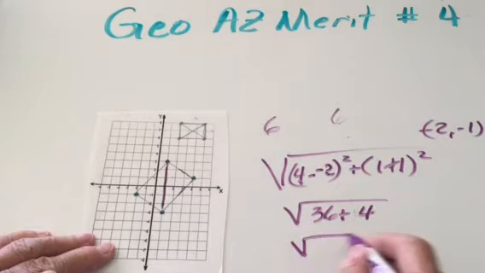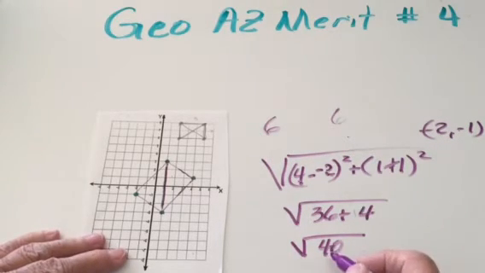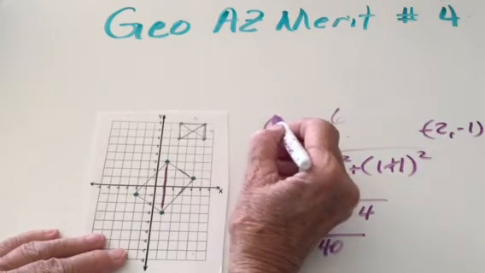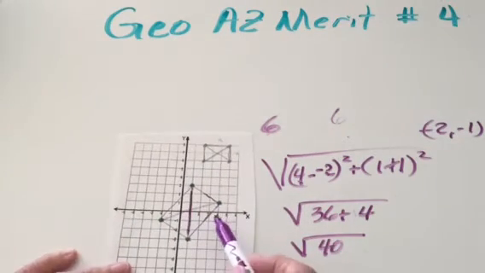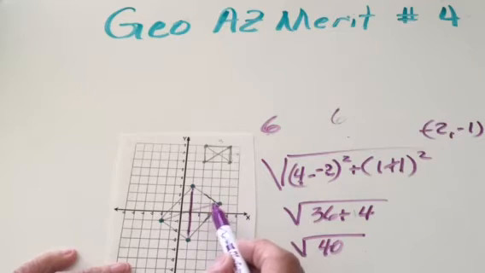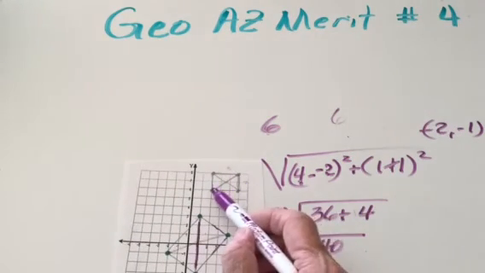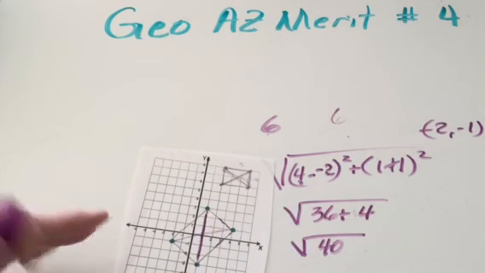So this is radical 40, which is going to be 6 point something, but it's not 6. So the diagonals are not the same. Therefore, this is not a rectangle. So for letter A, since the diagonals of quadrilateral RSTU are not congruent, it is not a rectangle. Because in order for it to be a rectangle, those diagonals have to be exactly the same.